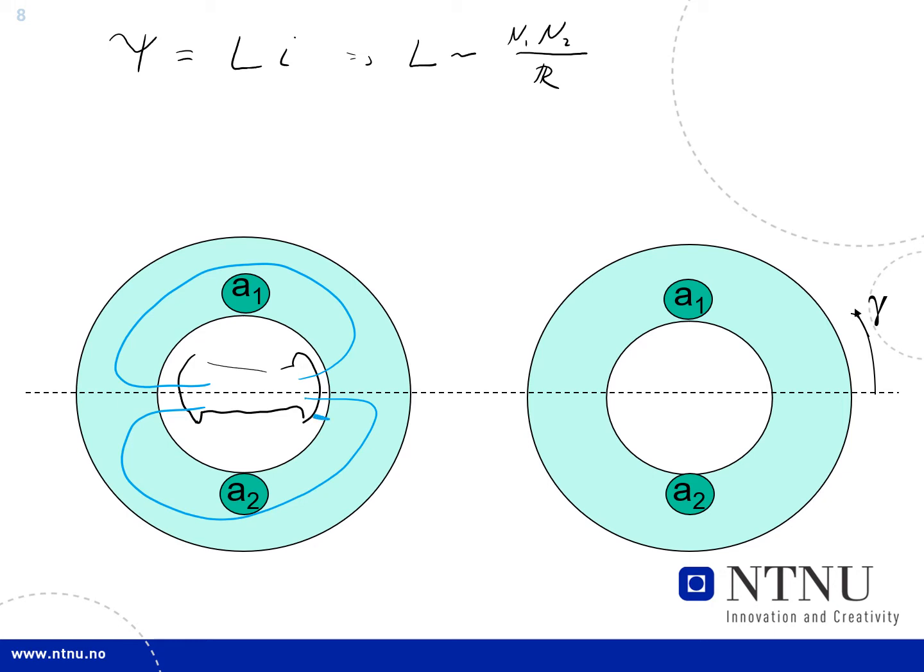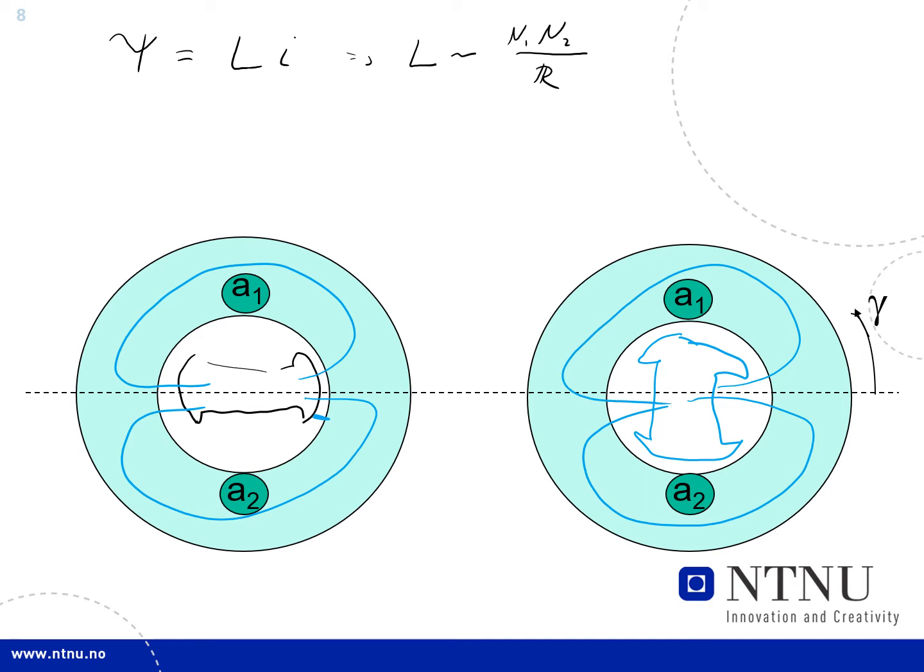But when, for example, the rotor has turned 90 degrees, it's the same representation, but the air gap is larger in that position, so the higher the air gap, the higher the reluctance, and then the lower the inductance becomes.